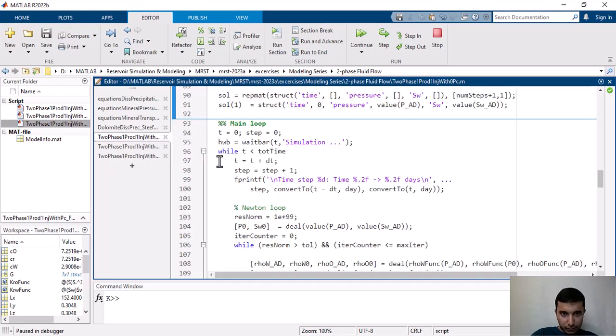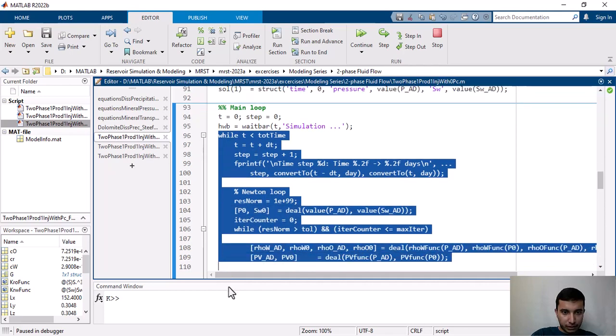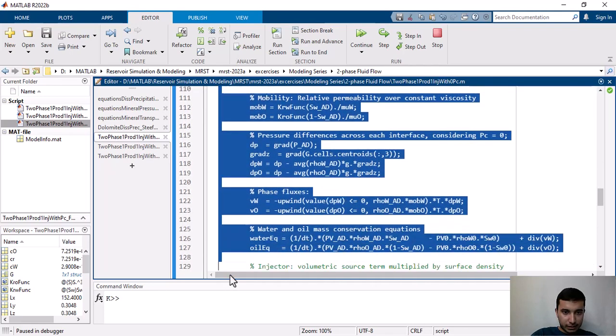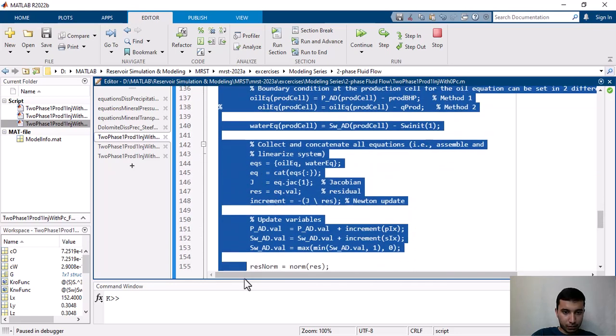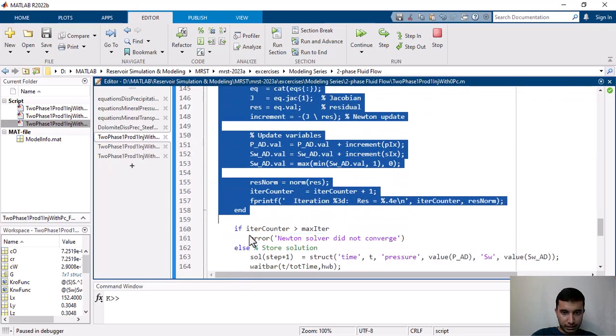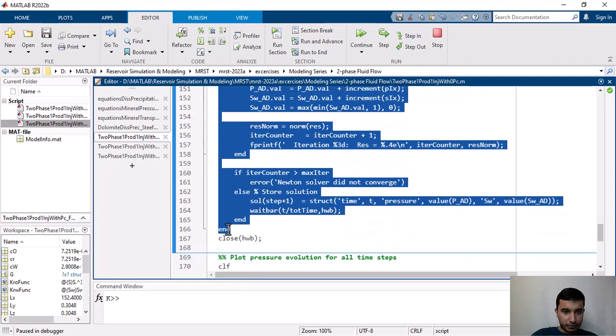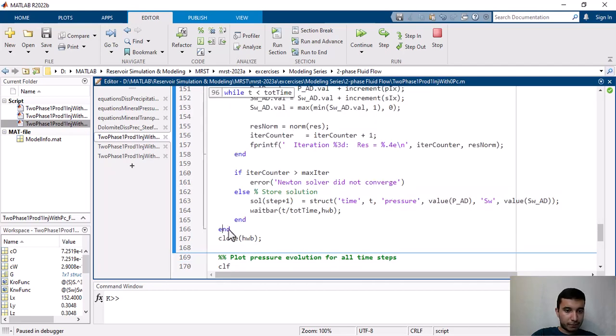I'm not going to talk about them. And here the main loop starts. The first iteration of this loop calculates the solution to the first time step of the model, and this is the end of the main loop that I have.